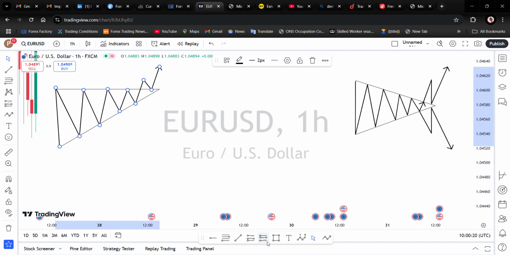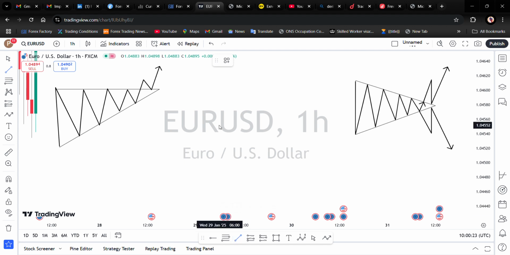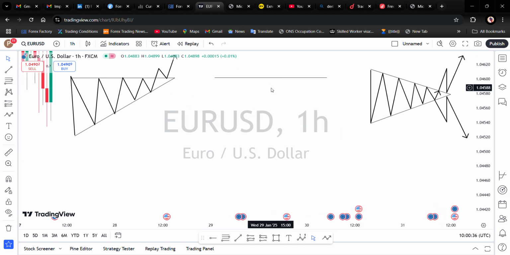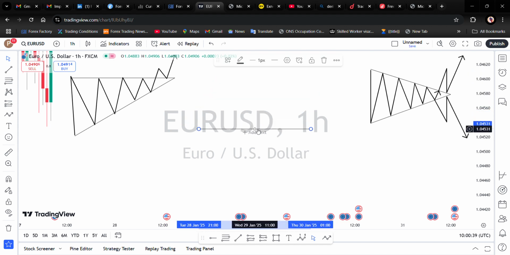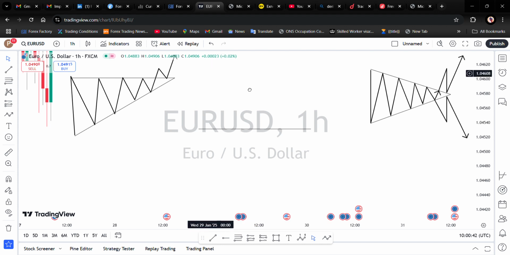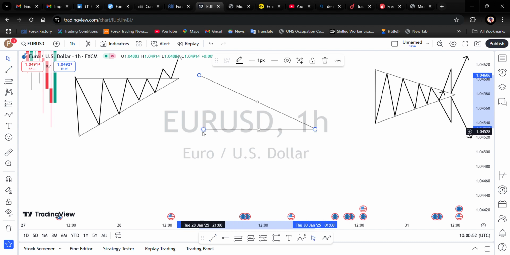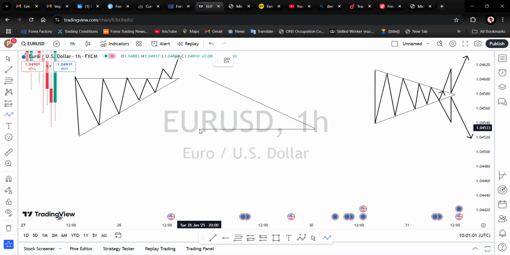The same goes for the descending triangle as well. So we have similarly what occurs in the ascending as well as the descending.